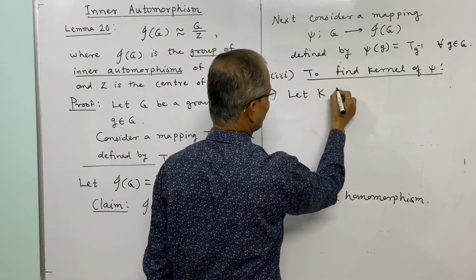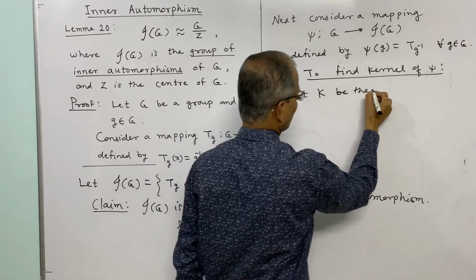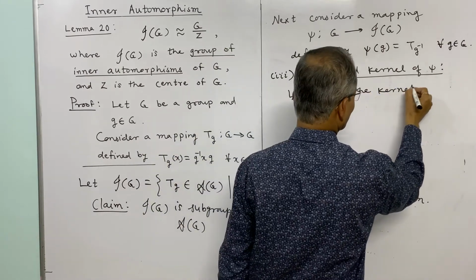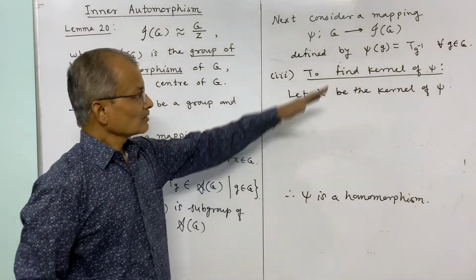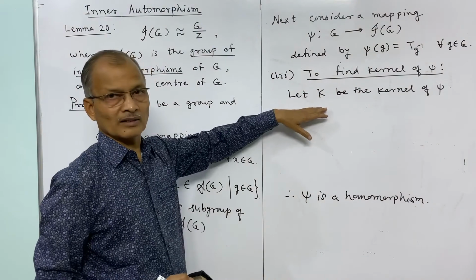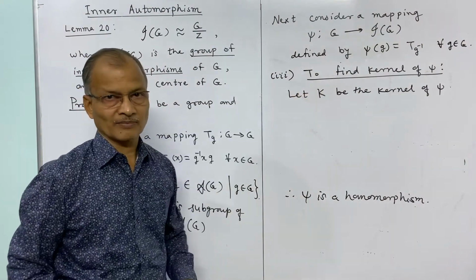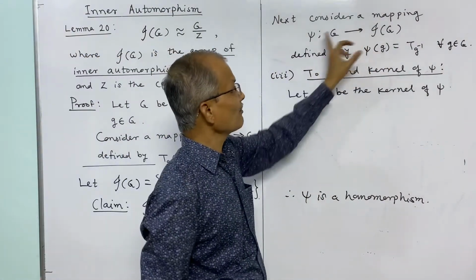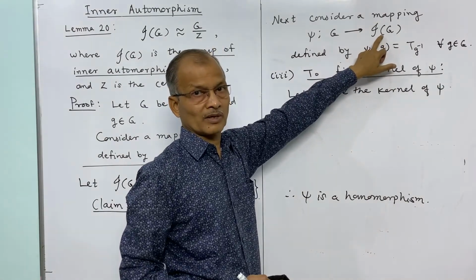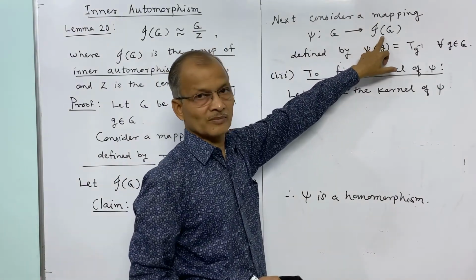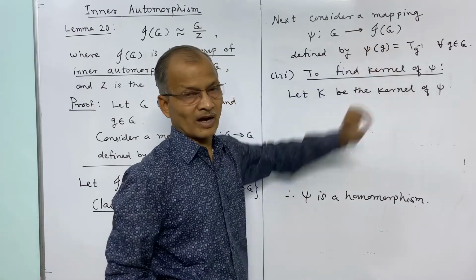Let capital K be the kernel of psi. By definition of kernel, if an element is in the kernel, then its psi image must be the identity. And the identity of psi is a mapping from G to Ig, meaning the identity of this group. And the identity of Ig is the identity mapping I.